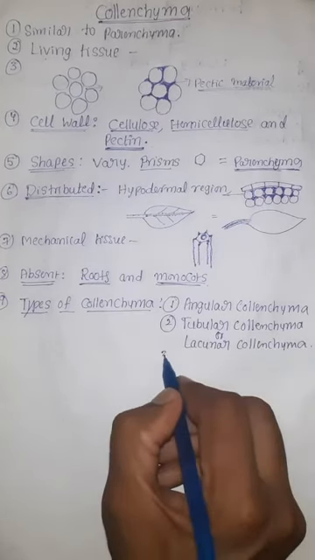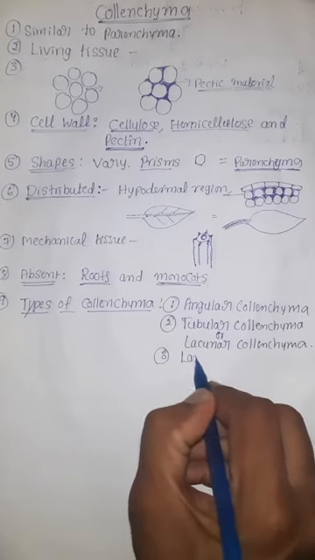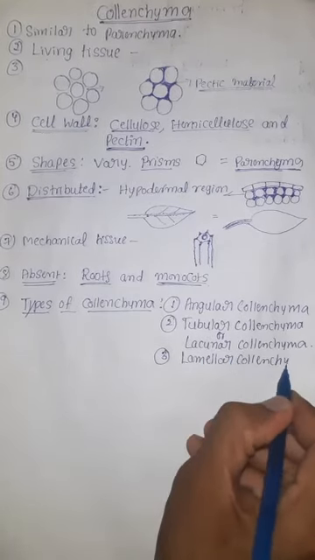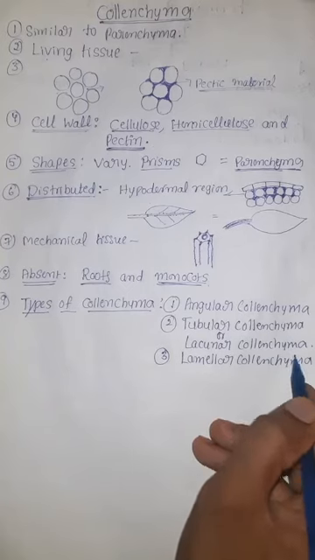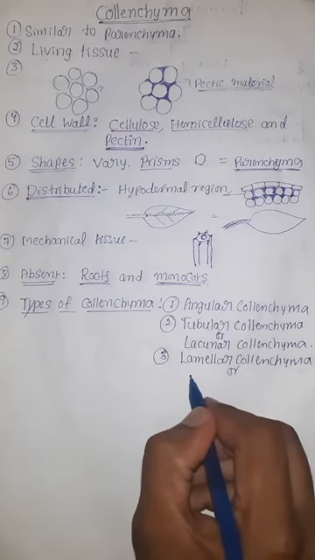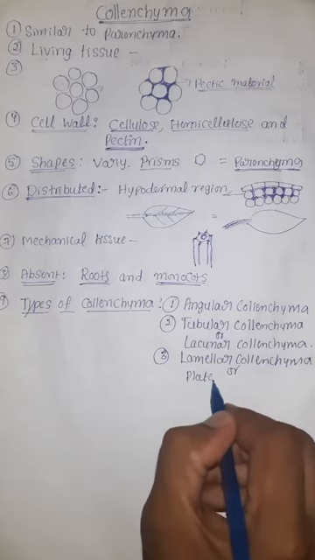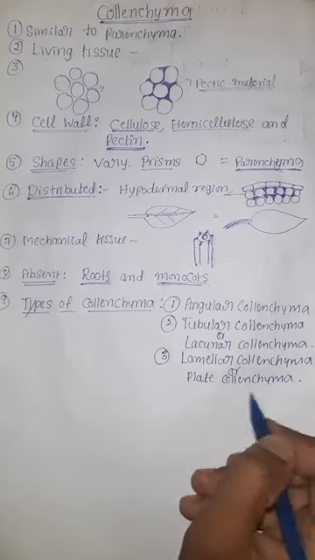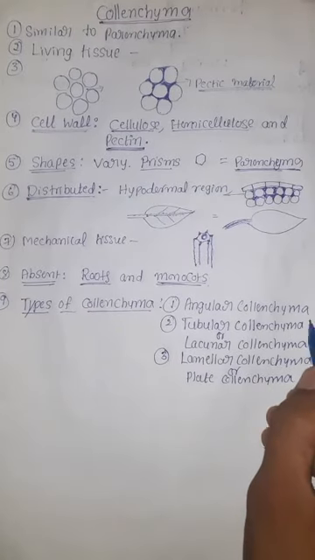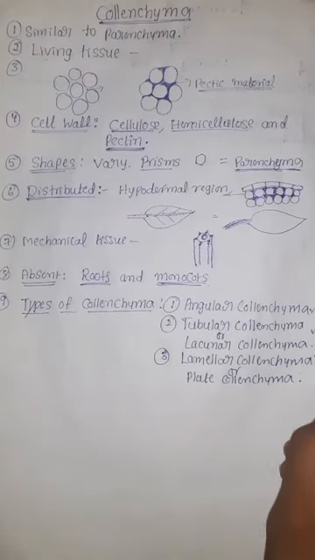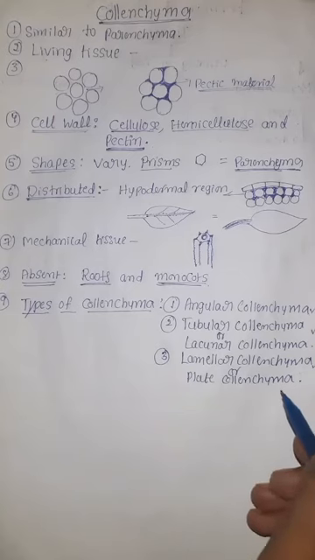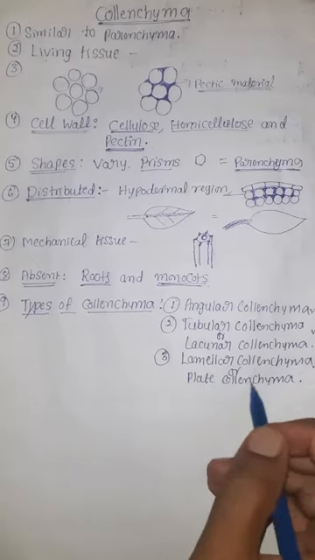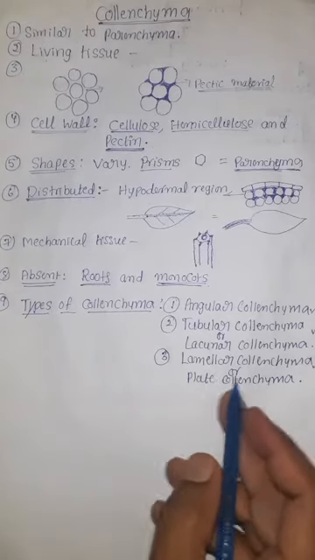The third one is lamellar collenchyma, otherwise known as plate collenchyma. These are the common types of collenchyma. Now, what is the difference between angular, tubular, and lamellar? We will see one by one.